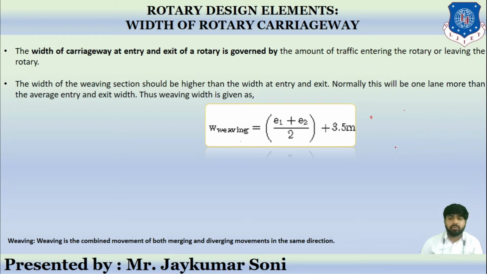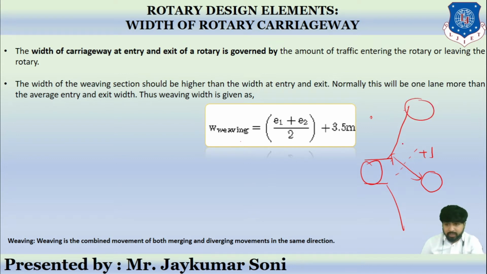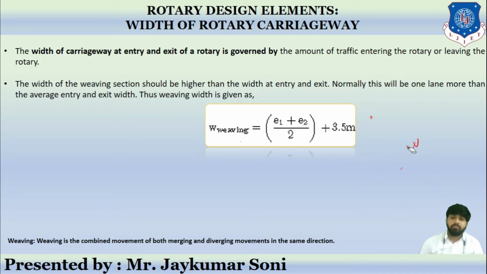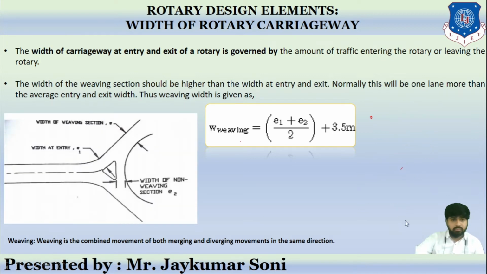So it is like this. So the section would be like this. See, this width is more than one lane of this entry width and exit. And this weaving width, we have already learned, the weaving width equation is E1 plus E2 by 2 plus 3.5 meters.